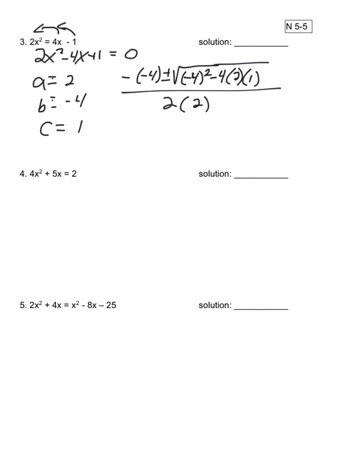Alpha y equals number 1. On top, I've got negative parentheses, negative 4, close them, plus square root, negative 4 in parentheses, squared, minus 4, parentheses, 2, close them, open them, 1, close them, 2, parentheses, 2, on the bottom and close it.